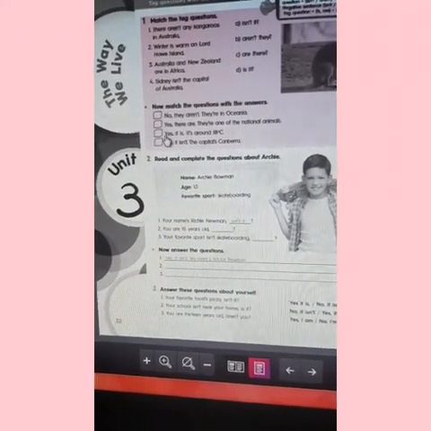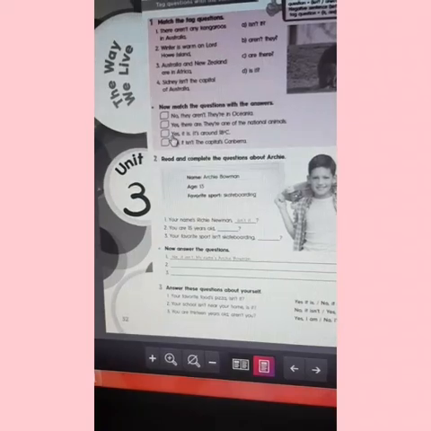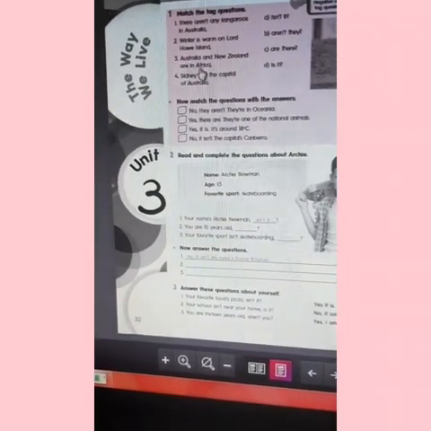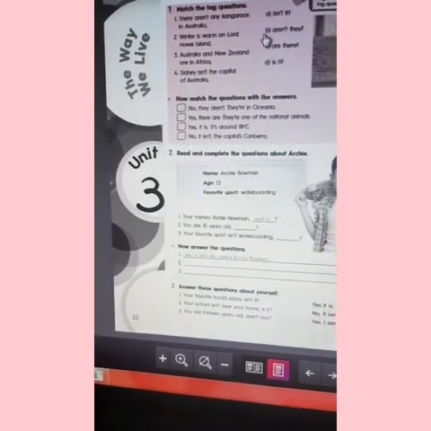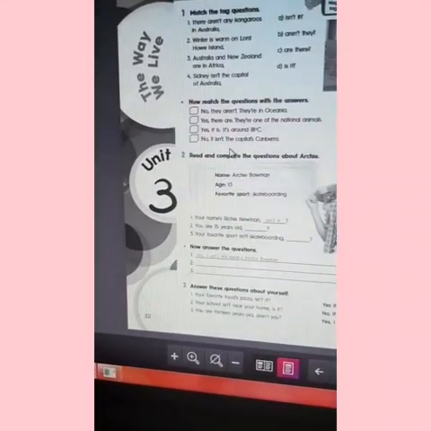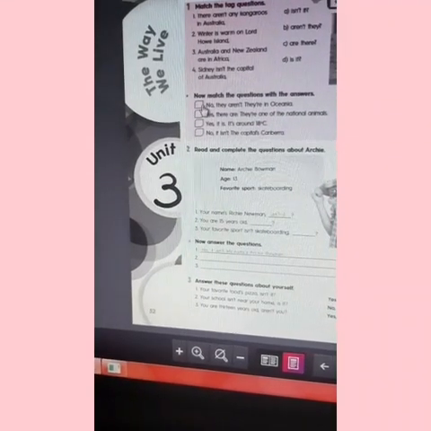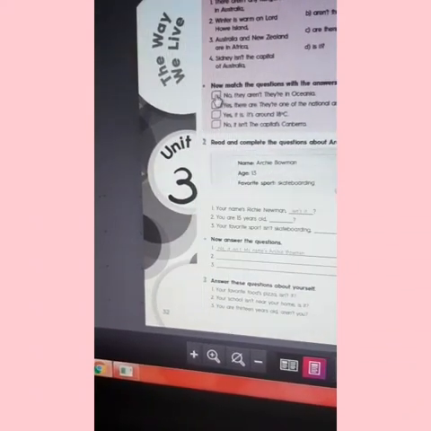This is the answer for equation number 2. Number 3. Australia and New Zealand are in Africa. Aren't they? The answer is this one. No, they aren't. They're in Oceania. This is the answer for equation number 3.